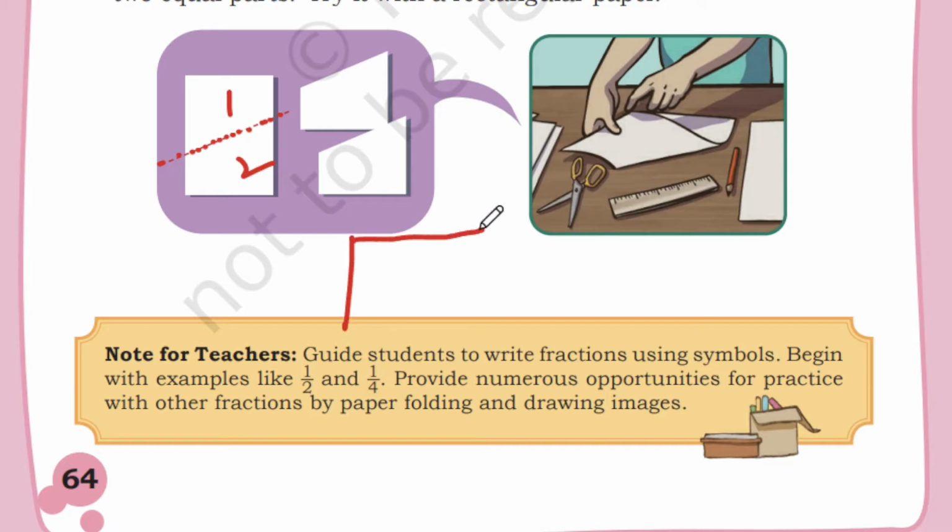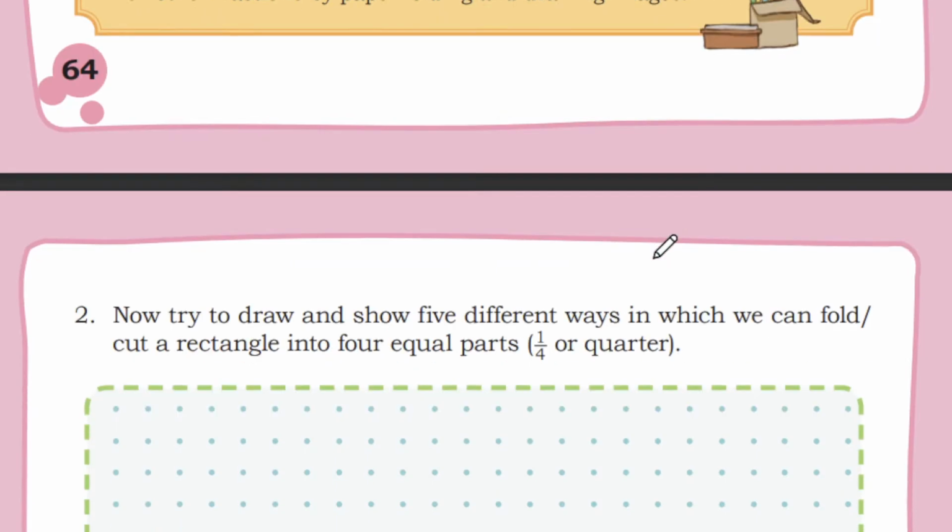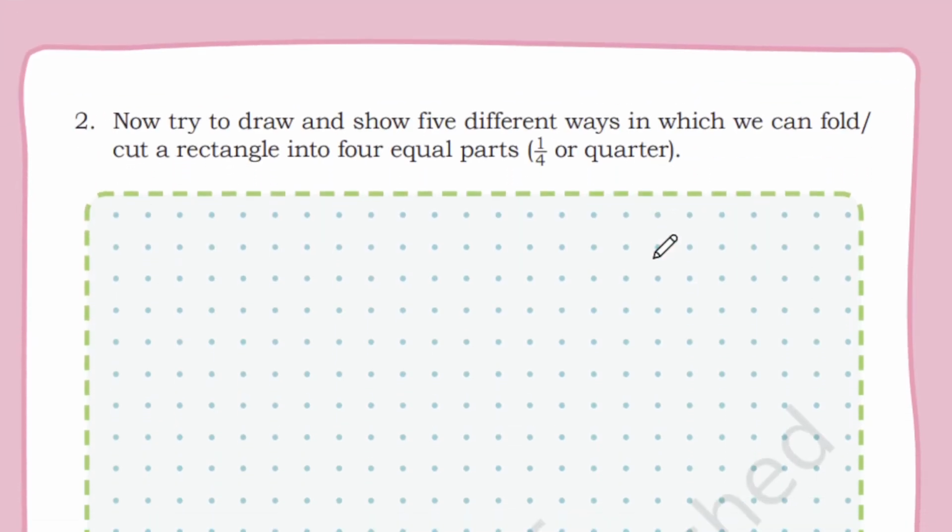Or else, for example, if you have a rectangle, I can draw a vertical line to make two halves, or this one you can try. Okay, so next. Now try to draw to show different ways in which you can fold or cut a rectangle into four equal parts. Okay, so first I will draw some rectangles here.